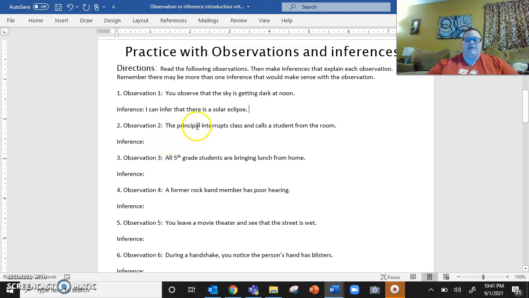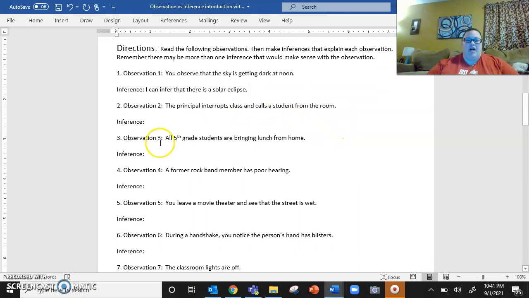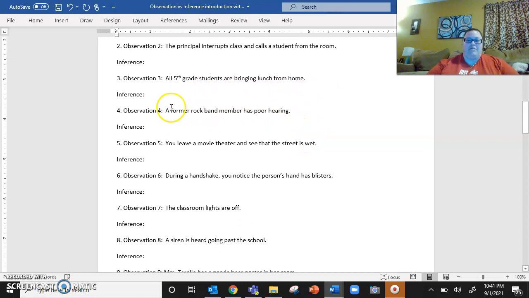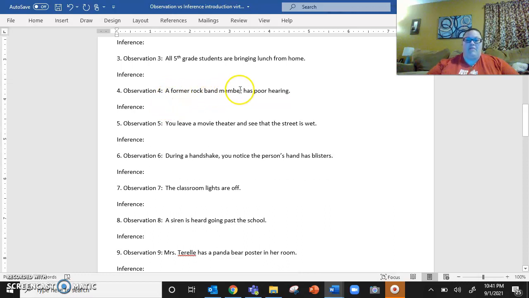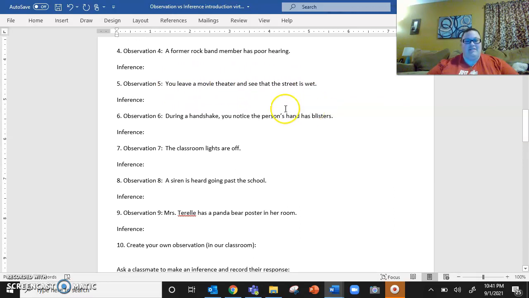Observation number 2. The principal interrupts class and calls a student from the room. Observation number 3. All 5th grade students are bringing lunch from home. Observation number 4. A former rock band member has poor hearing. Observation number 5. You leave a movie theater and see that the street is wet.